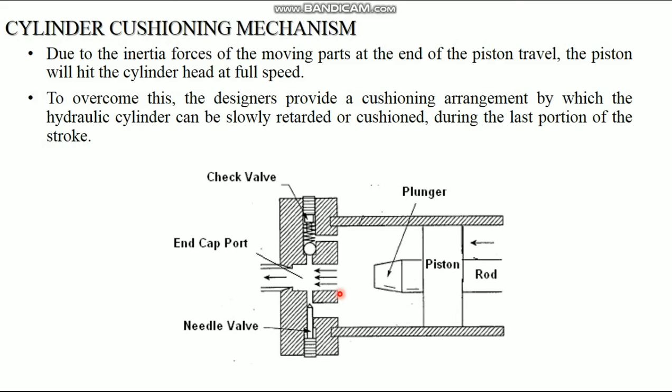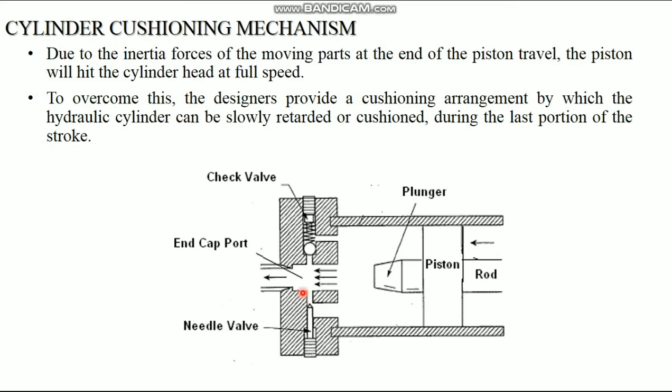When the piston reaches the cylinder head, the plunger enters the end cap port. So the fluid passage will be blocked. The fluid cannot enter through this end cap port. The fluid can enter only through this needle valve.